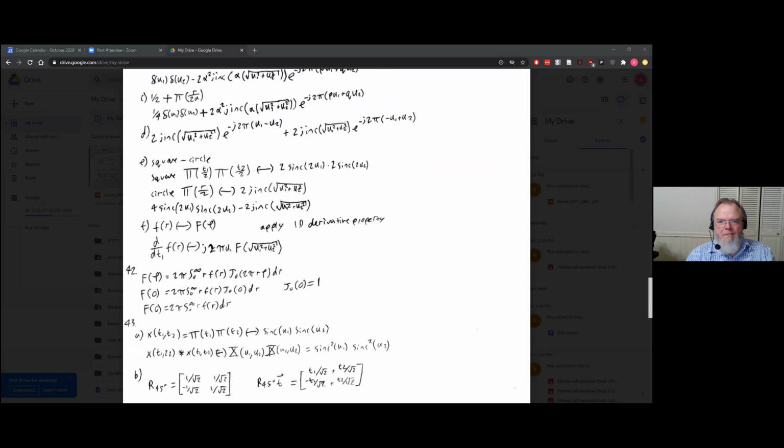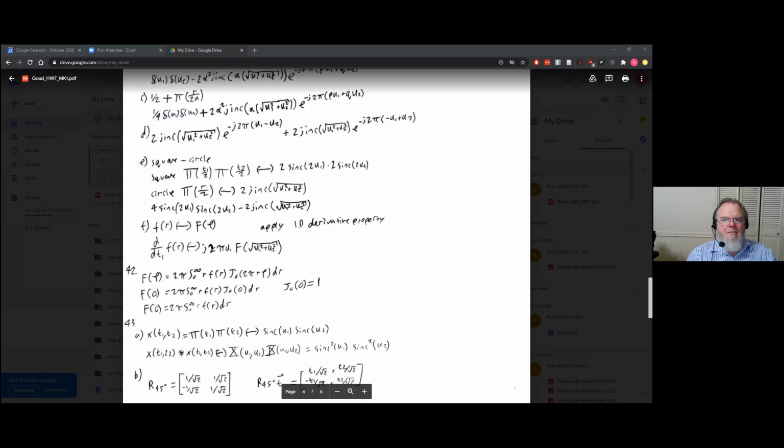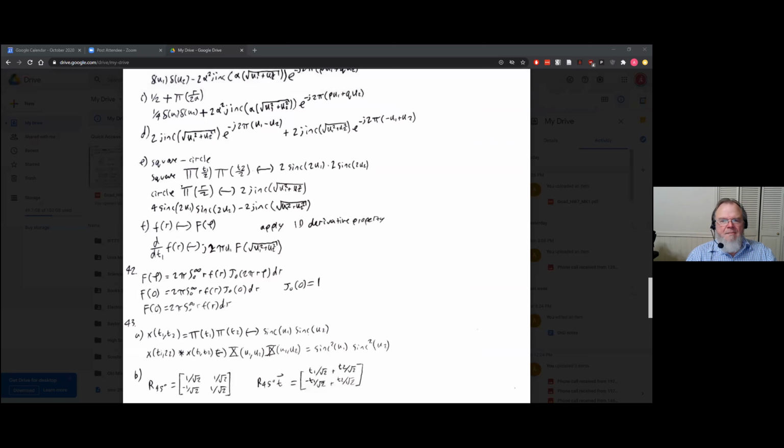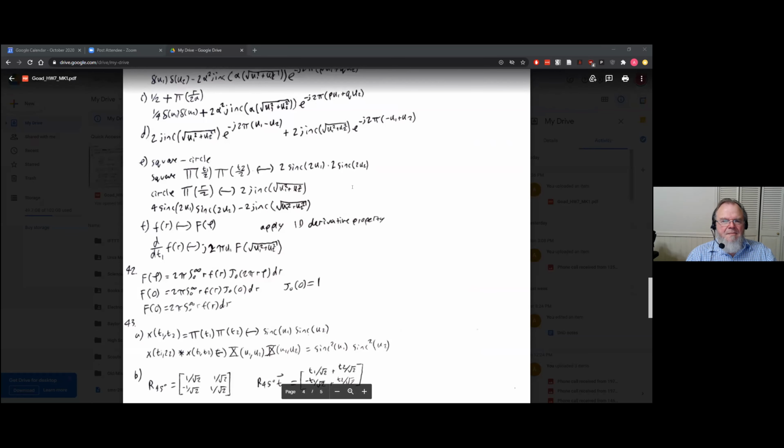So then that becomes 2 sinc 2u1 times 2 sinc 2u2. Then for the circle, it's the unit circle, so it's just the square function of r over 2 turns into 2 jinc of rho, which we can write as u's instead. So then we just combine the sincs and subtract the jinc and get that answer.